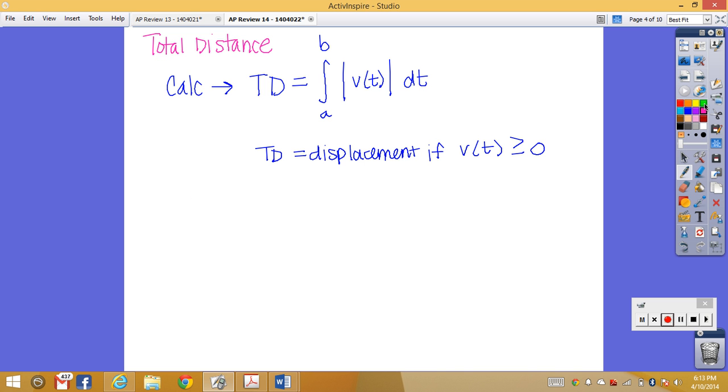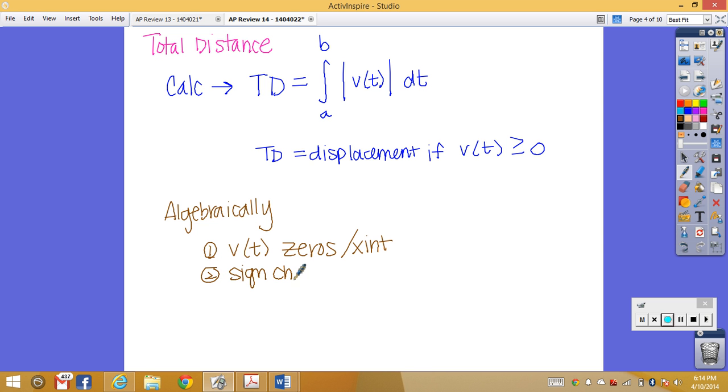If you're trying to find total distance by hand, we say, algebraically, step 1, v of t zeros, or x-intercepts. Number 2, sign chart of v of t.